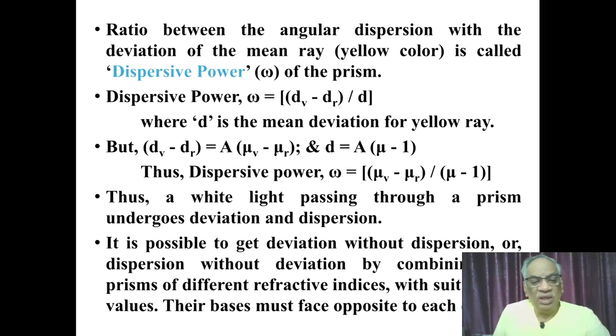We have seen both occurring, that is deviation from its path as well as separation of white light into different colors, that is dispersion. Both are seen when a white light is passing through a prism. It is possible to get deviation without dispersion, or dispersion without deviation, by the combination of two prisms having different refractive indices with suitable prism angles. They must be arranged such that their bases face opposite to each other.